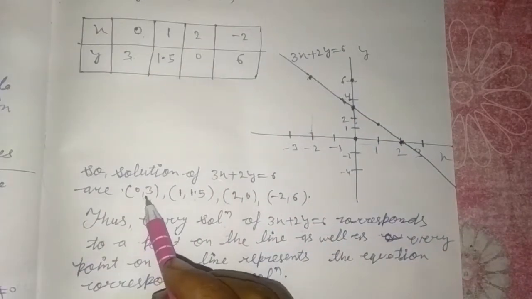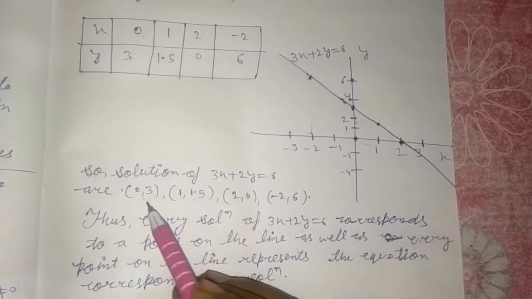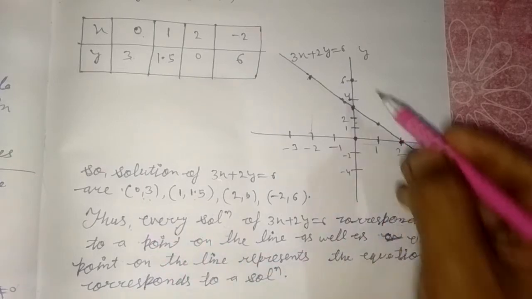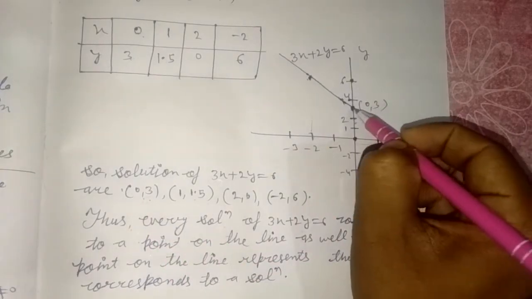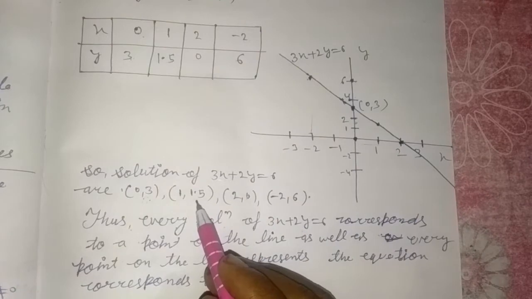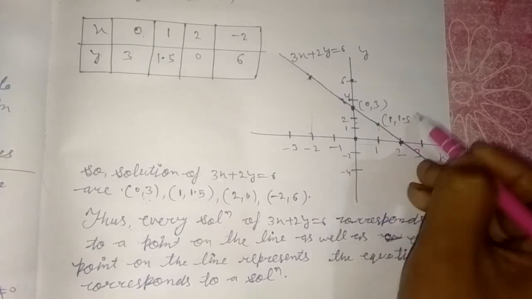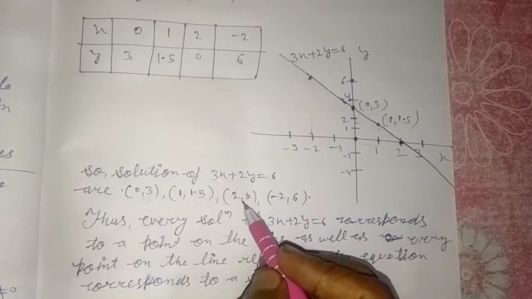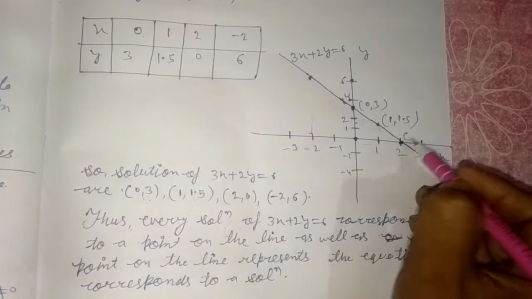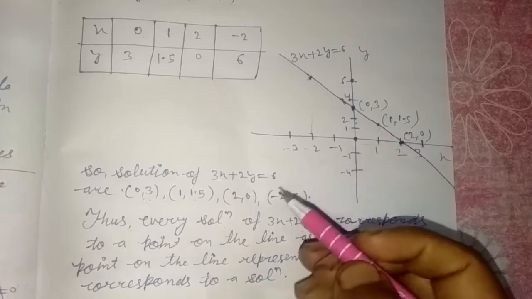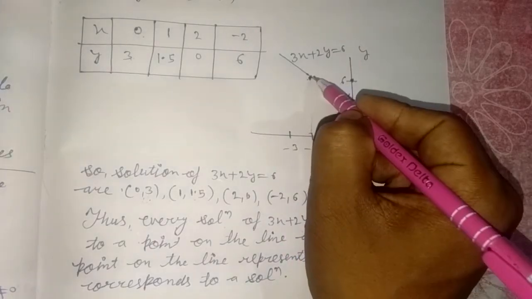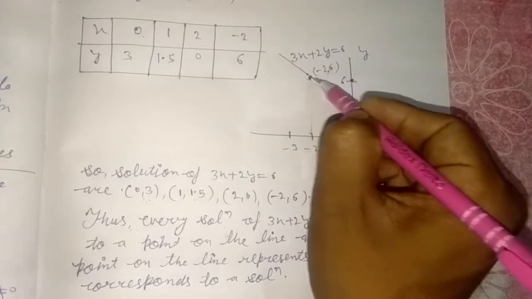So (0, 3) corresponds to this point. And also (1, 1.5), this solution corresponds to this point. And also (2, 0) corresponds to this point. Also (-2, 6) will correspond to this point.